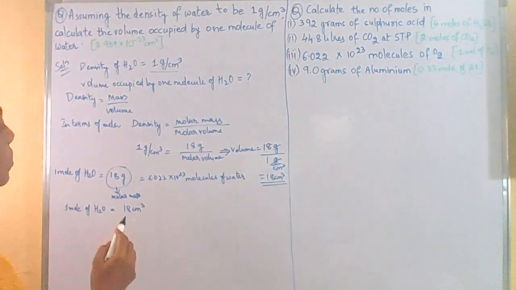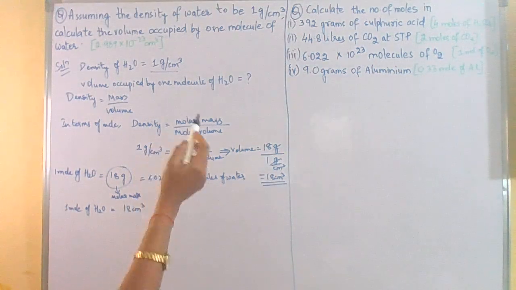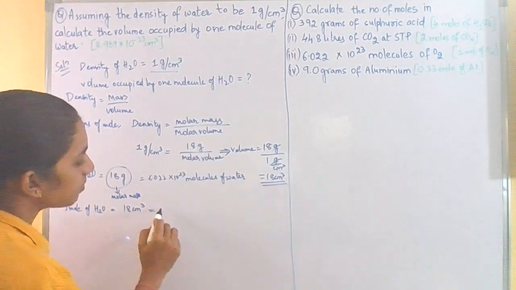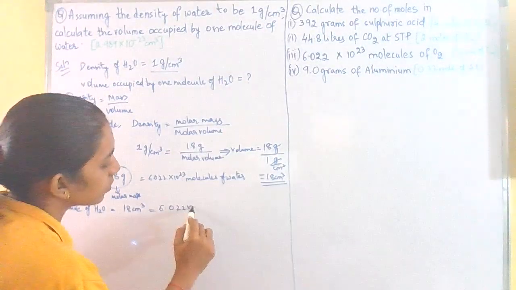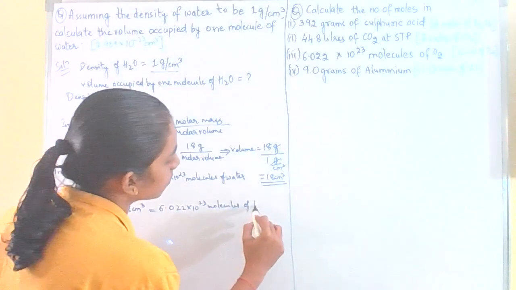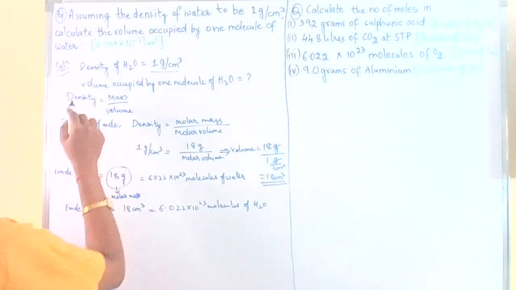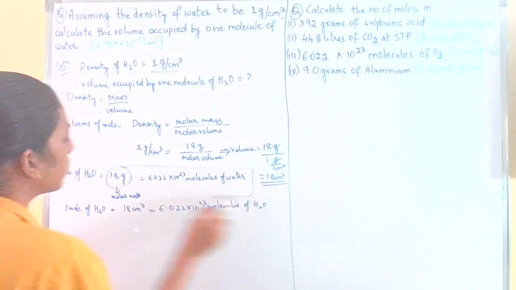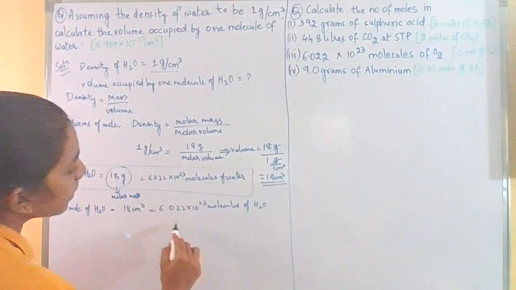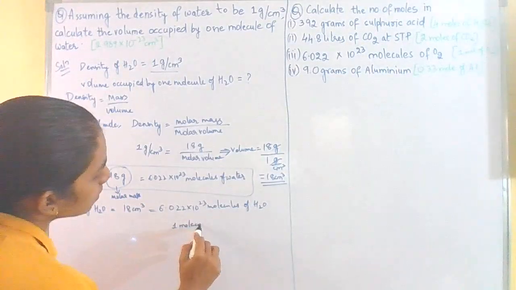Then what will be the volume occupied by one molecule of water? So 1 mole of H2O is equal to 18 centimeter cube, which is equal to 6.022 into 10 to the power 23 molecules of water H2O. We have seen here, right? Okay. Then what is the volume occupied by one molecule of water? This is the question.